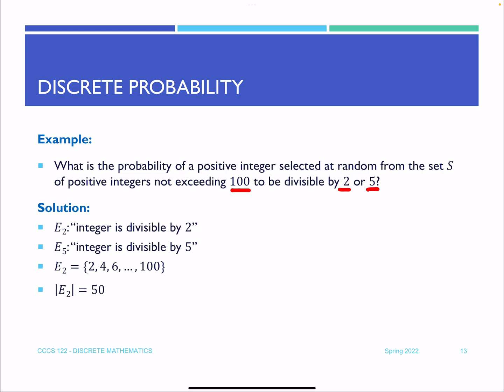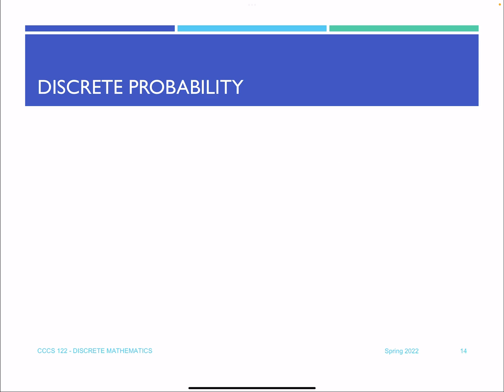The probability that E2 happens is then very simply the cardinality of E2, 50, divided by the cardinality of the sample space, 100, equal to 0.5. Then we have the other event, E5, that the number is divisible by 5. This will contain outcomes 5, 10, 15, 20, 25, all the way up to 100.